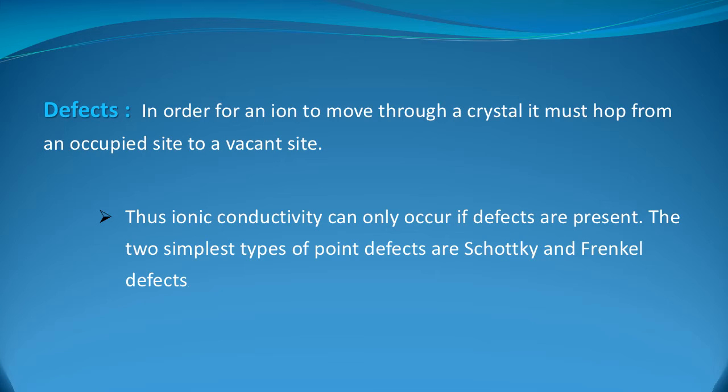The ionic conductivity can only occur if defects are present. So defects are the main source for this conduction of ions, and we know that there are two simplest types of point defects. One is Schottky and the other one is Frenkel.